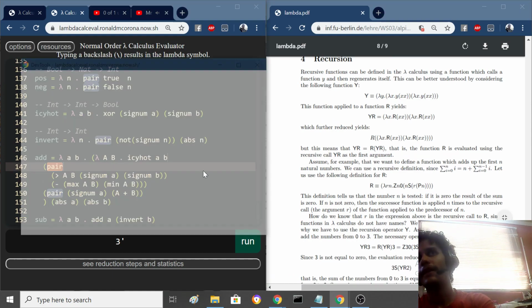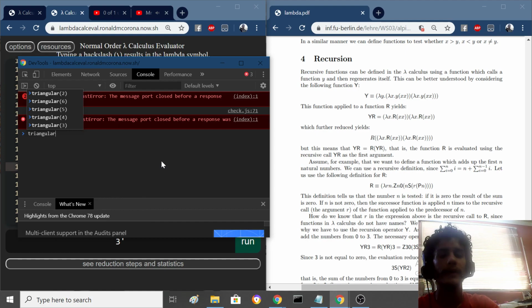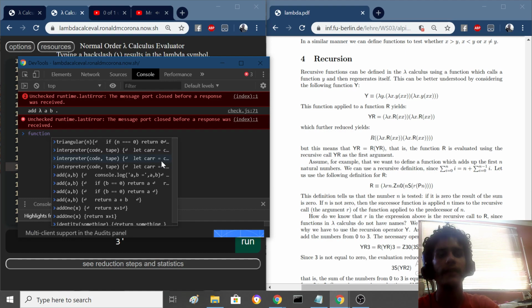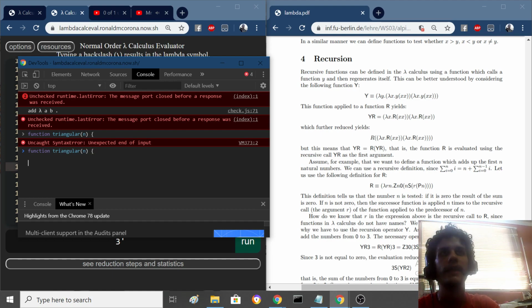So let me just rewrite this function in JavaScript real quick. Function triangular, it takes a number n. Actually, it seems I did define it before. Okay, so function triangular takes a number n. And then we ask, is n 0?